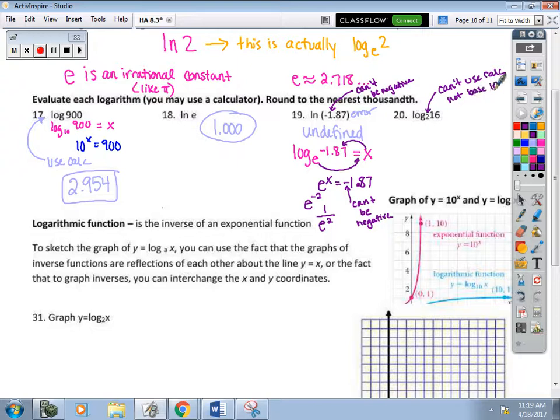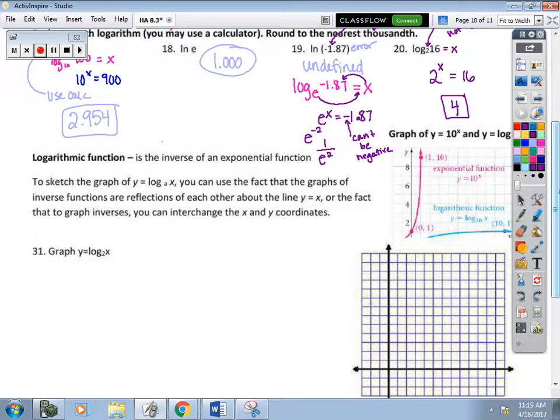So this one has to be done manually or by hand. Set this equal to a variable, x, change to exponential, 2 to the x power equals 16, and then ask yourself, 2 to what power is 16? And we will get 4. Again, later on in the chapter, I will teach you a formula that will allow you to use the calculator to change the base. It's actually longer to type it in the calculator than it is to just do this with the change of base formula.